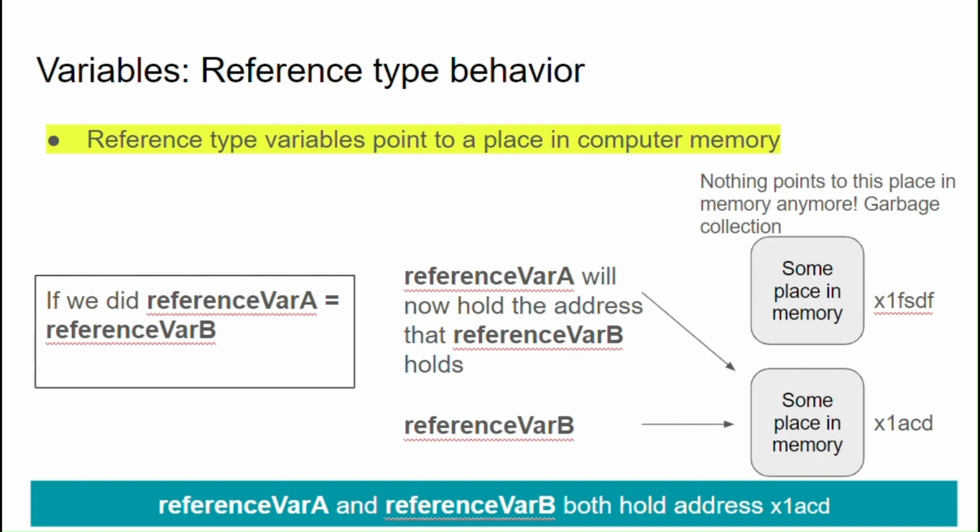All right, we're going to go into more of the behaviors of how reference type variables work. And we're going to go to a situation that we looked at in our primitive type variable analysis. So let's say we have reference var A and we want to set it equal to reference var B. What's going to be happening behind the scenes is now reference var A is going to hold the address that reference var B holds.